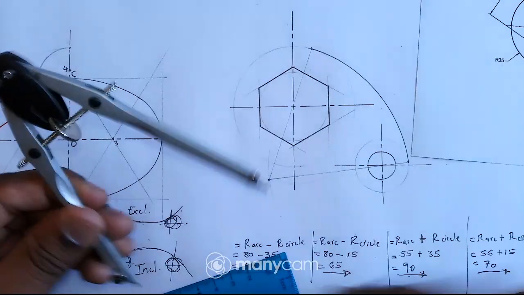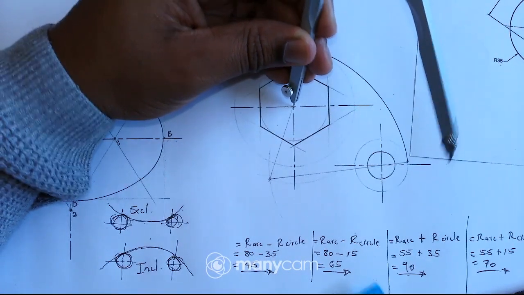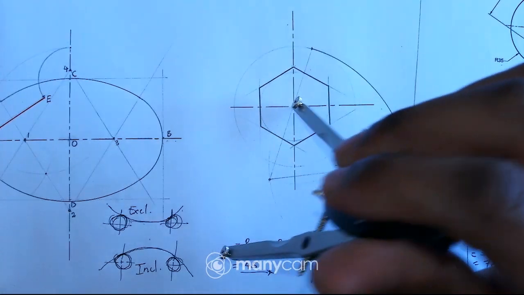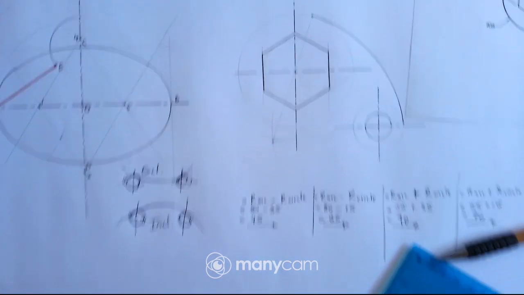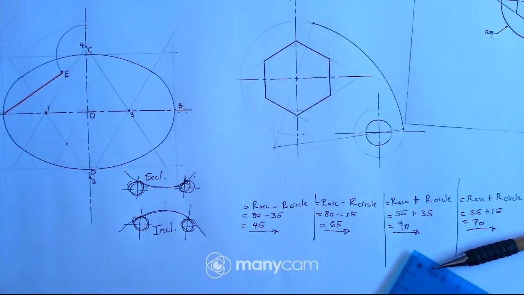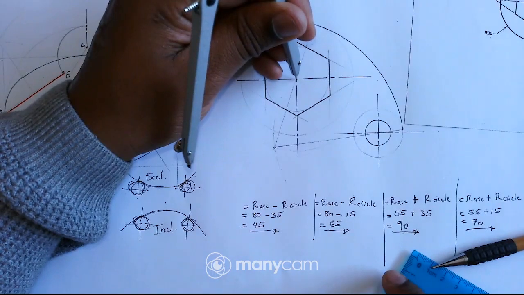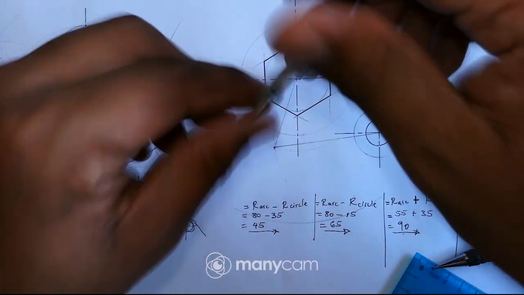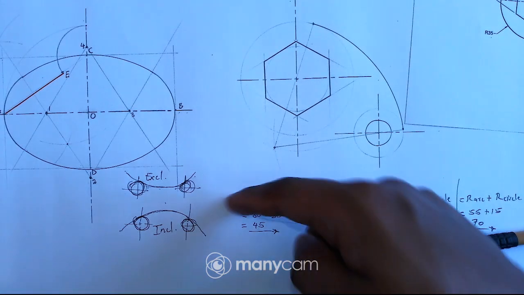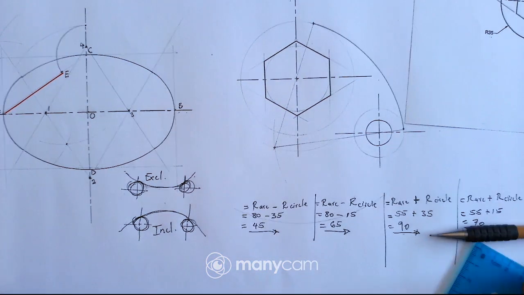Okay, then I put my compass at that center point. Oh, you see now the arc is somewhere here, but it's fine. So obviously I'll draw an arc there. Sorry about that. So obviously I have an arc there, and then I have 70.